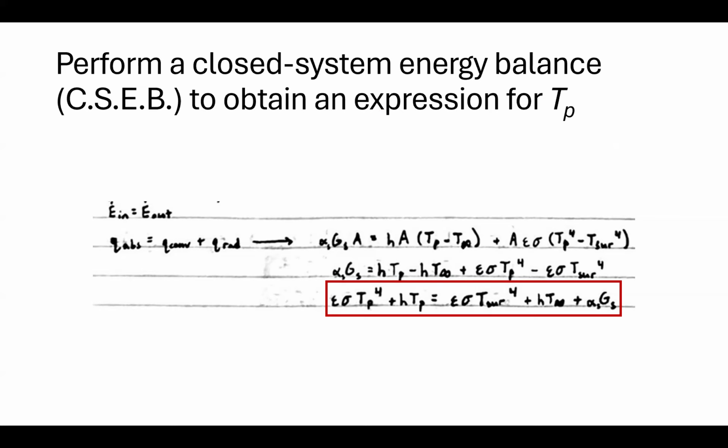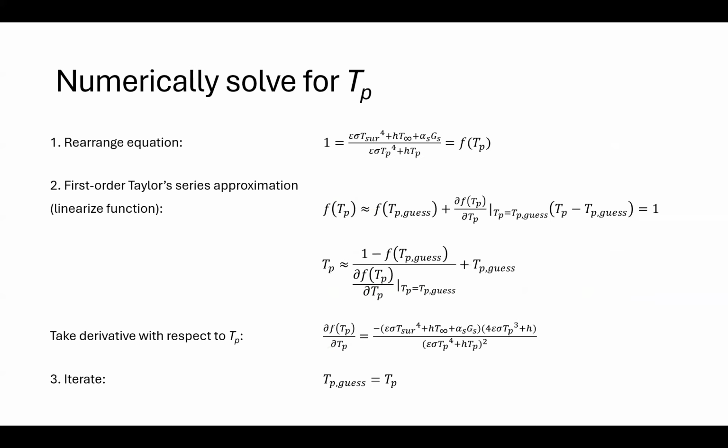And so this equation right here must be numerically solved. There are, I'm sure, several different methods to go about this, but I made a MATLAB code, and I used a first order Taylor series approximation to iteratively go through and eventually get a better and better guess for the panel temperature.